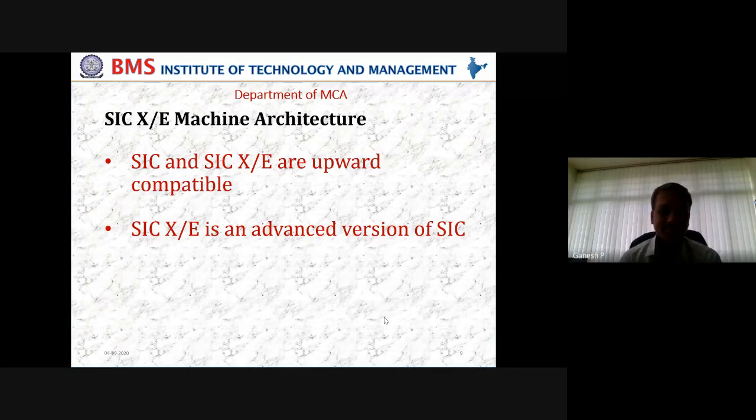So what do you mean by this? SIC and SIC XE are upward compatible. Can some of you throw some light on this? What do you mean by upward compatible? Any inputs?